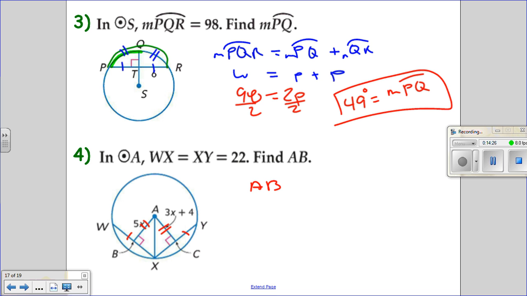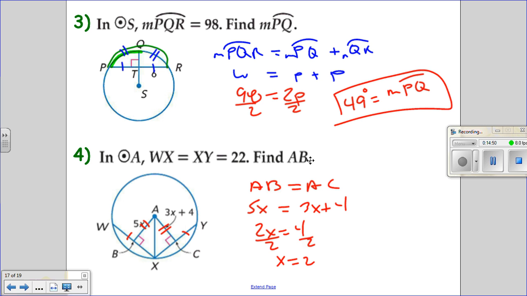So what I'm saying is the length of AB is equal to the length of AC. So that means I could set 5x equal to 3x plus 4 and then solve for x. First, I would subtract 3x, which gives me 2x equals 4. Then divide both sides by 2. So I would have x is equal to 2.